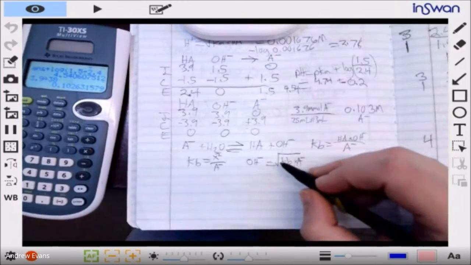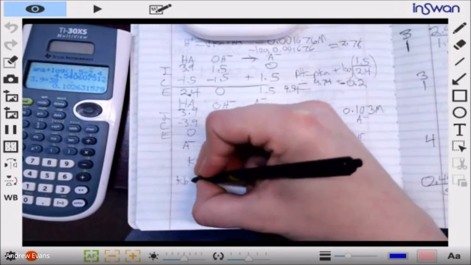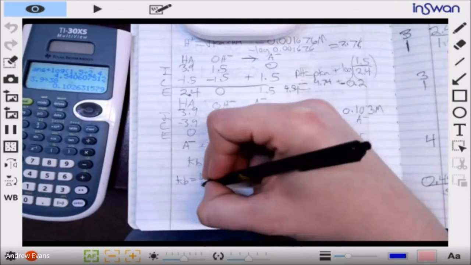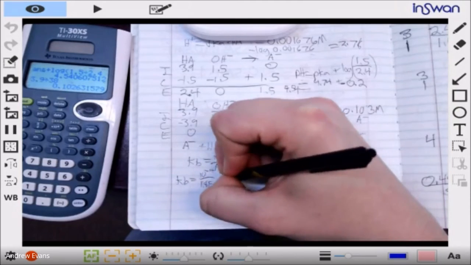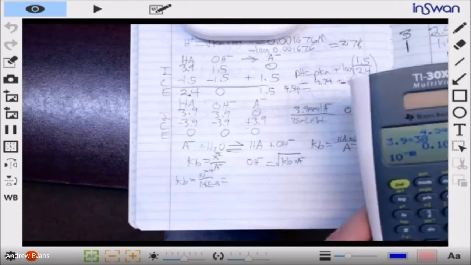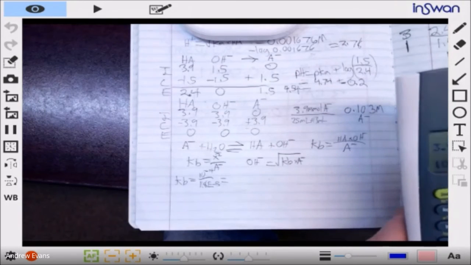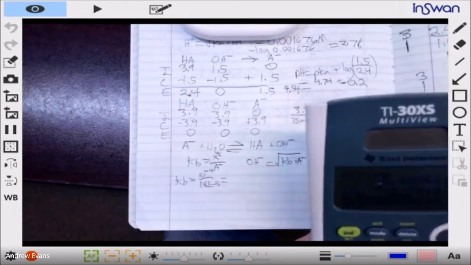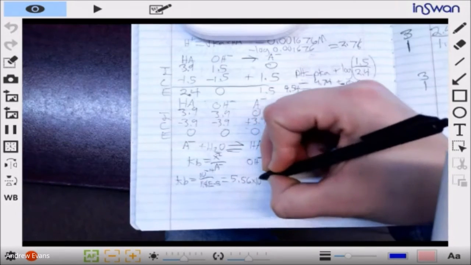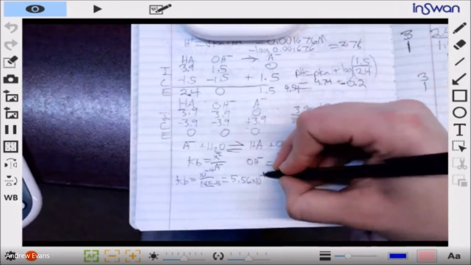How do we get our Kb from our Ka? Kb is going to be 10 to the negative 14th all over Ka, which is 1.8 times 10 to the negative 5th. So we got a Kb of 5.56 times 10 to the negative 10th.